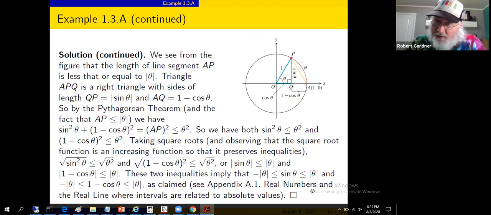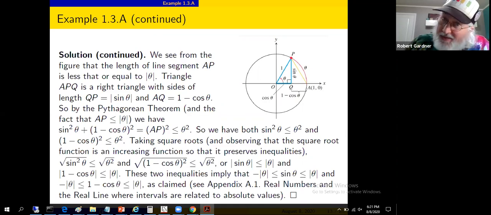See section A1 if you don't like the sound of that. It's discussed in not great detail, but it's mentioned in Appendix A1. So that's how you remove an absolute value on this center term. And similarly, 1 minus cosine theta, drop the absolute values, keep the upper bound of absolute value of theta, and put a lower bound on it of negative absolute value of theta. And those two things were exactly what we claimed.